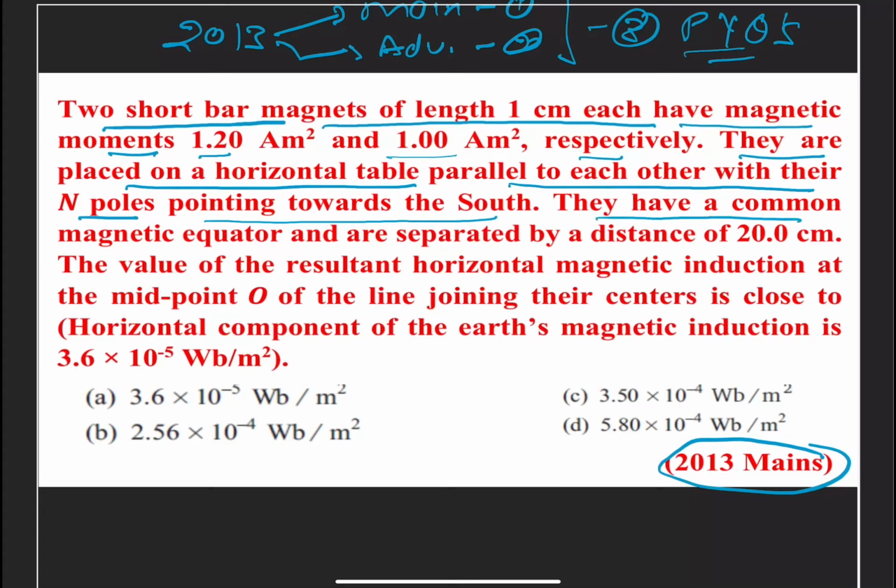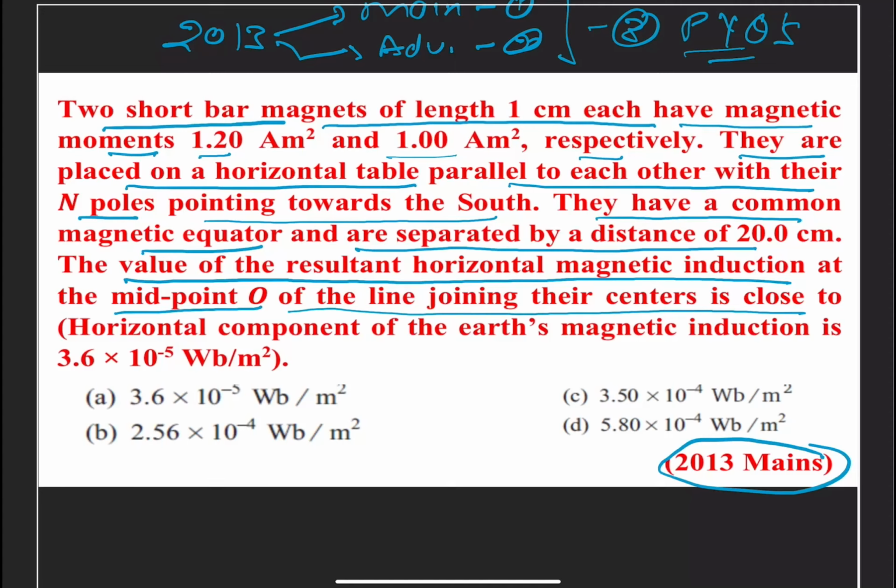They have a common magnetic equator and are separated by a distance of 20 centimeter. The value of the resultant horizontal magnetic induction at the midpoint O of the line joining their centers is close to... The horizontal component of the Earth's magnetic induction is 3.6 into 10 to the minus 5 Weber per meter square.